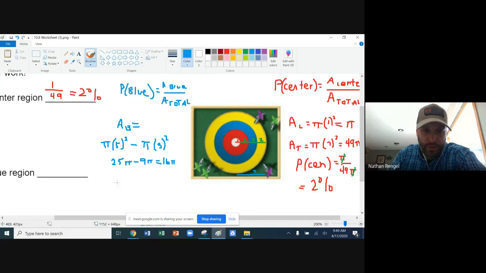Now, just like before, to find the probability of the blue, which I'll call capital B, it's going to be 16 pi, the area of that blue ring, compared to the total area, which is 49 pi. Again, the pi's will cancel, so we'll cross those out. Basically, it's just going to be 16 over 49.